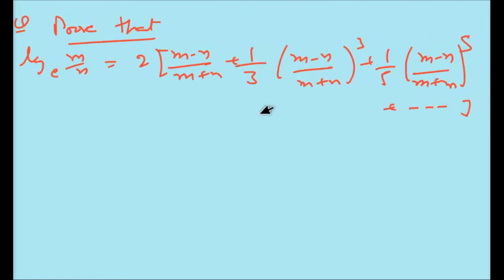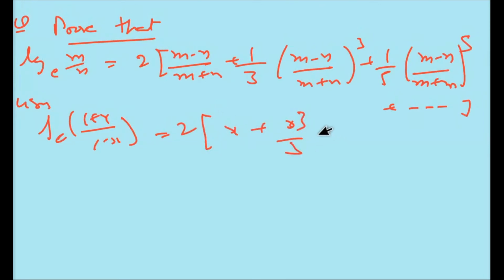Now students, if you go through these questions to understand this better, 2x plus x cube upon 3 plus x to the power 5 upon 5. So we can say this value is, using the formula, log e base 1 plus x upon 1 minus x, equal to 2 x plus x cube upon 3 plus x to the power 5 upon 5.